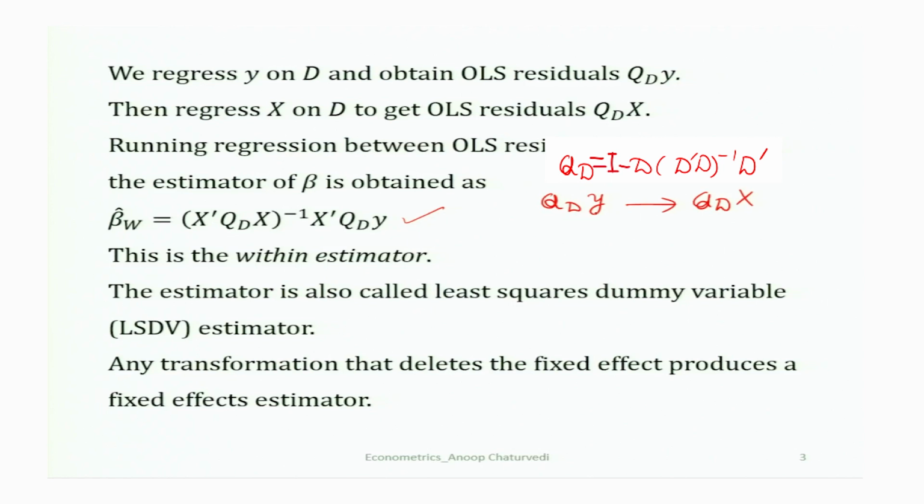It leads to the y vector as deviation from individual specific means, but it also deletes the effects which are time invariant, that is, it deletes mu_i.